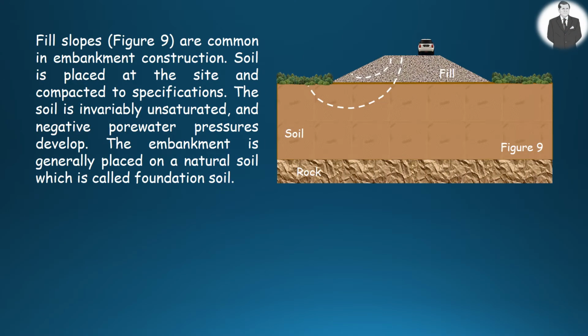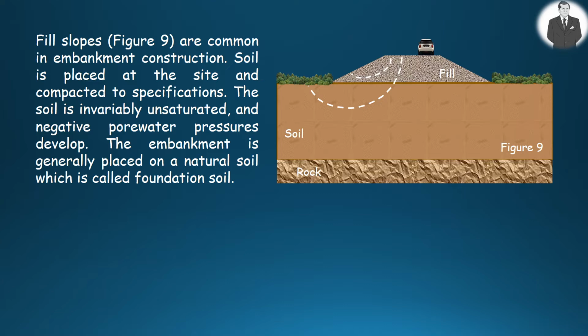Fill slopes, as you see in the figure, are popular in embankment construction. Soil is placed layer by layer at the site, and each layer is compacted according to related specifications.